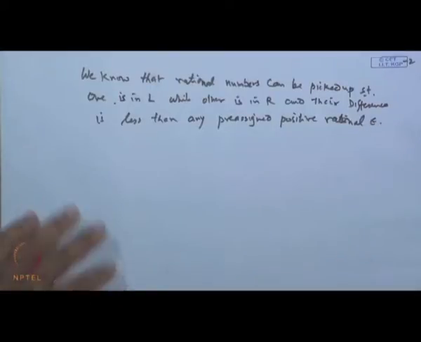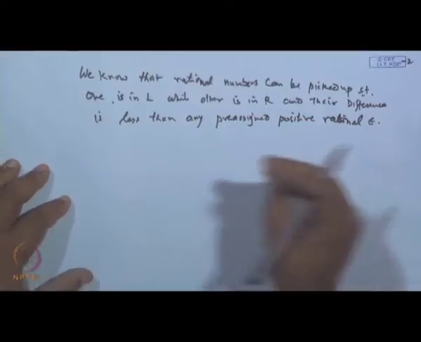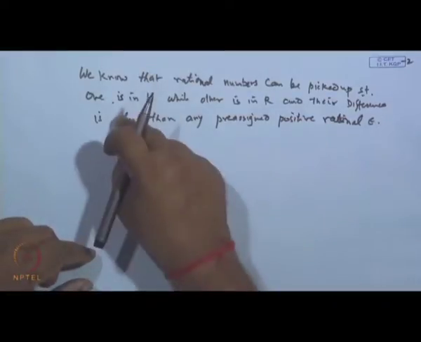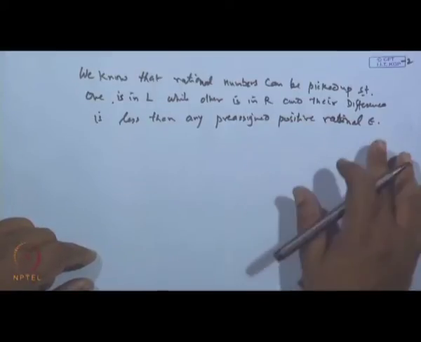This we know: we can identify the two rational numbers, one belonging to L, the other belonging to R, and their difference can be made less than epsilon. So, for any epsilon one can identify these two numbers. This is given.